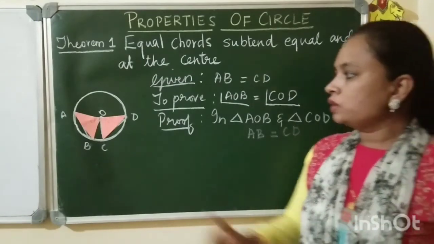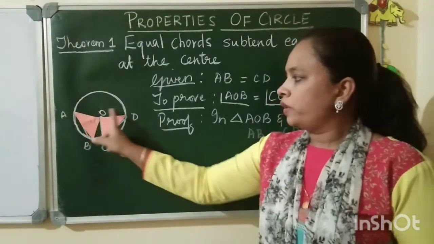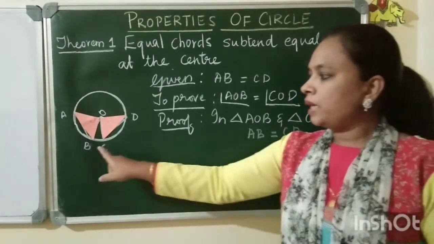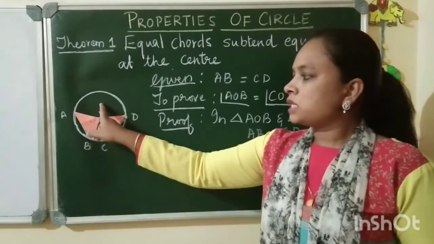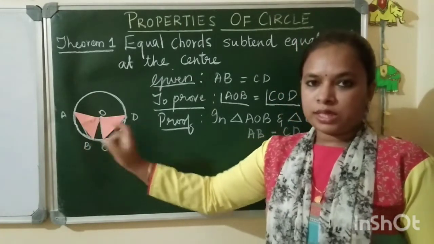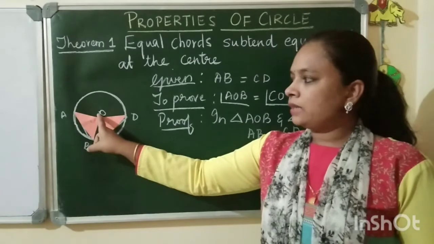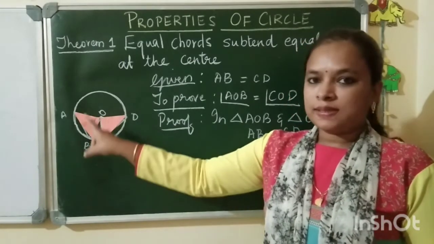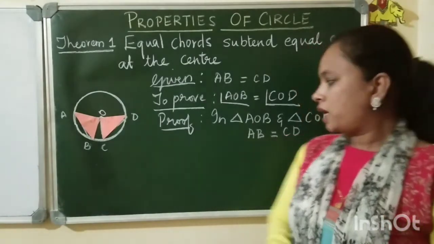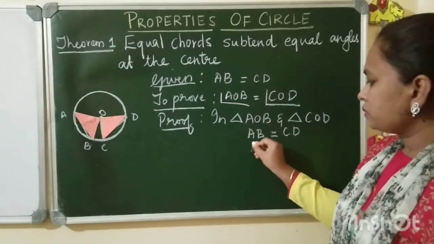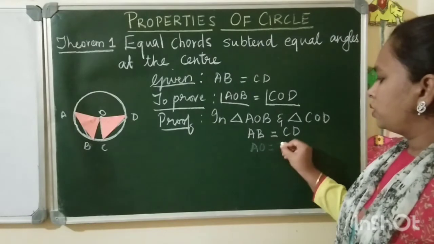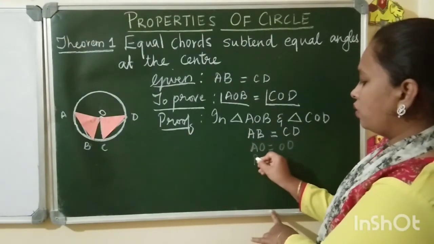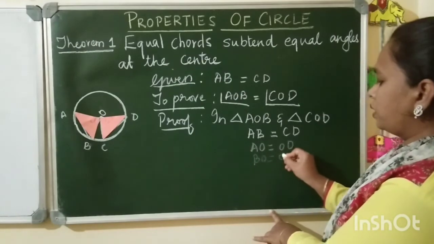Next, we know that AO and OD, these two are the radii of the circle. Similarly, BO and CO are also radii of the circle. Because a line which connects from the center to any point on the circle, they become the radii. So we will write down AO is equal to OD and BO is equal to OC.